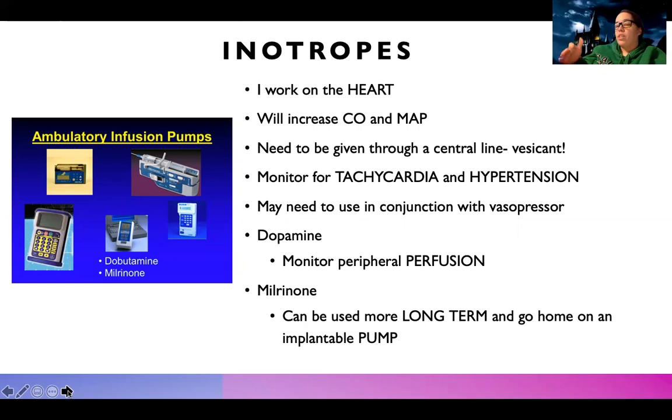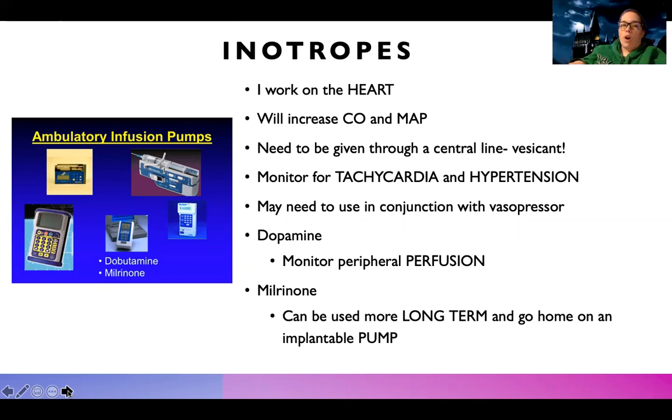Just to mention, these are also sometimes used in conjunction with vasopressors, because sometimes you need help with your heart and your blood vessels. For dopamine, I want to monitor peripheral perfusion and make sure they're getting effective flow, because like with the vasopressors, they can have a similar issue. And then milrinone, actually, they have these cool little pumps that people can wear.